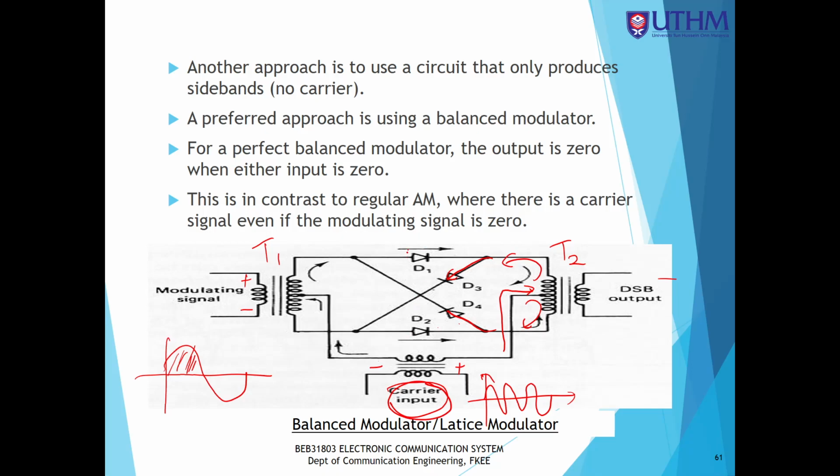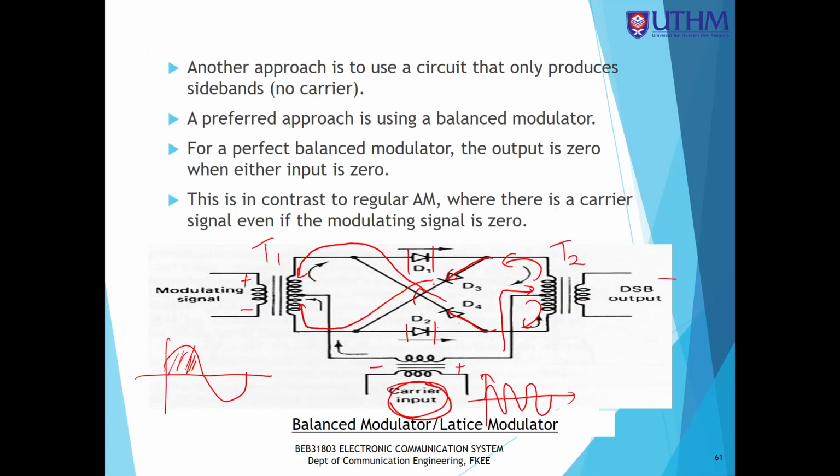So D1 and D2 will be open circuit. The current flows from D3 towards here, and from D4 towards here, and then it will be amplified. So during this time we will see the negative cycle.